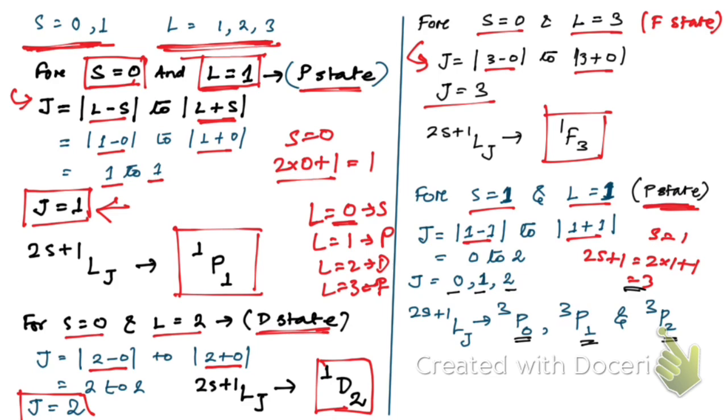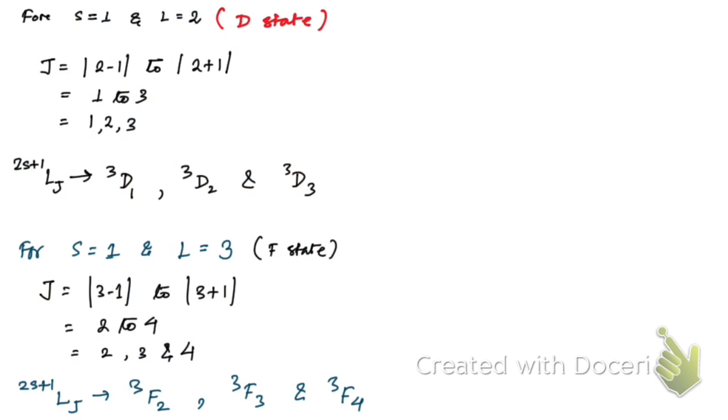Now let's take S is equal to 1 and L is equal to 2. Let me go to the next slide. So here for this case L minus S, that is 2 minus 1, and L plus S is 2 plus 1. So 1 to 3, that means the values of J are 1, 2, 3.